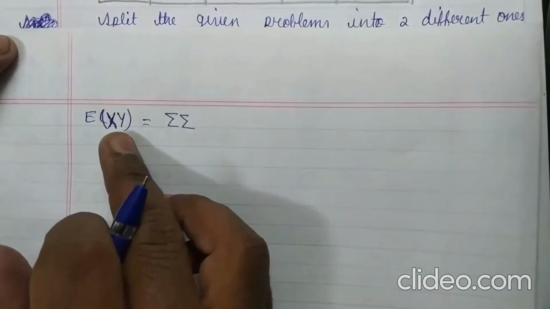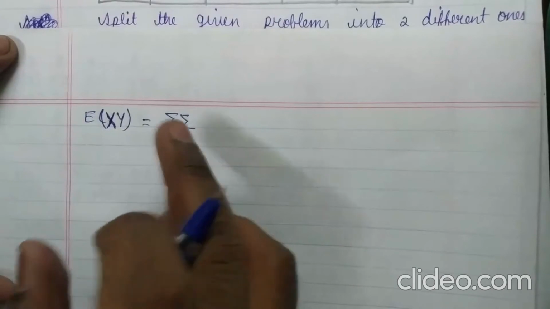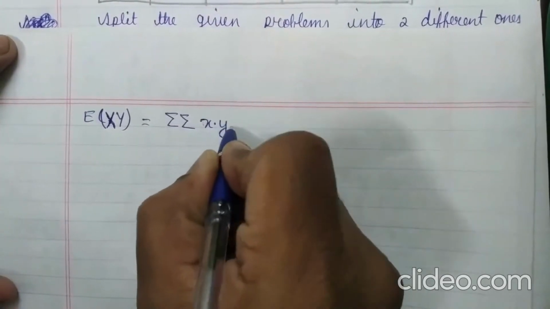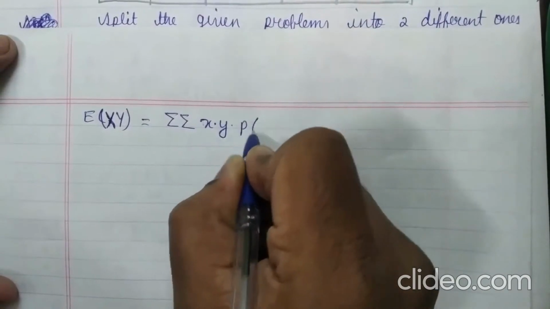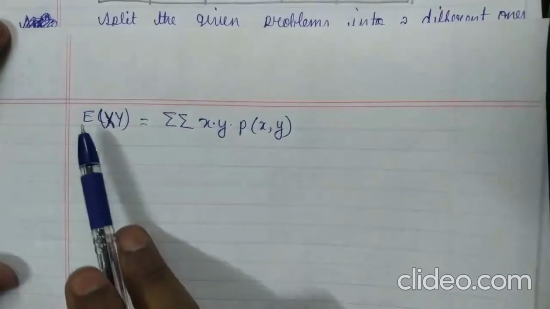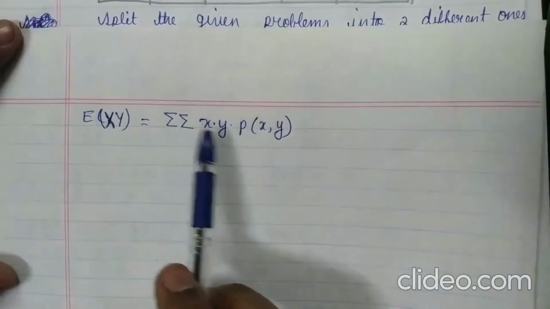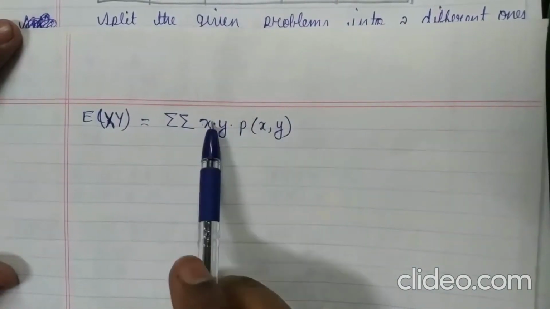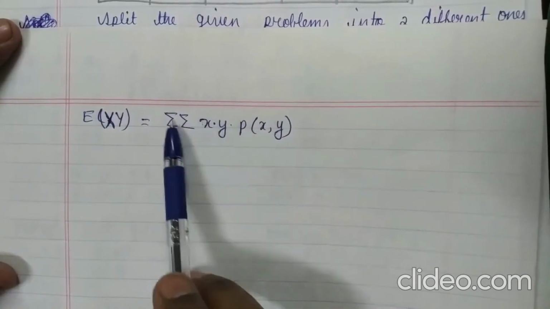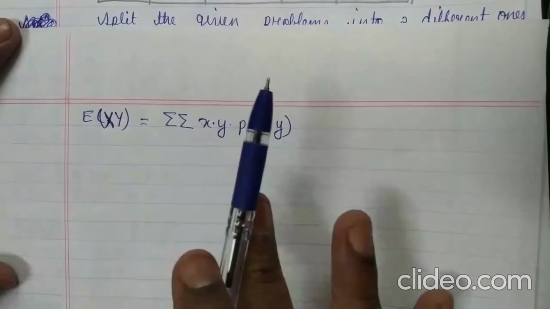Expectation of xy is given by double summation of x into y multiplied by p of x comma y. This is same like our previous thing. Expectation of anything is equals to summation of that thing multiplied by probability of this thing itself. But here, because two variables are used, x and y, we have double summation. So the formula is simple.